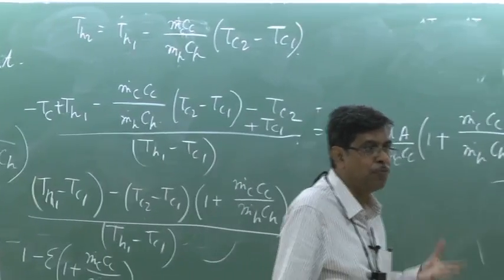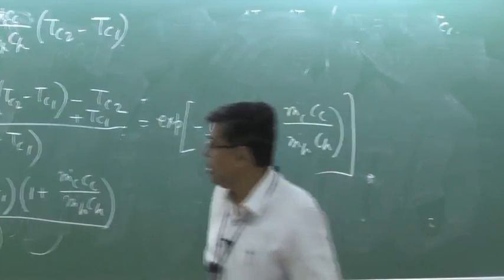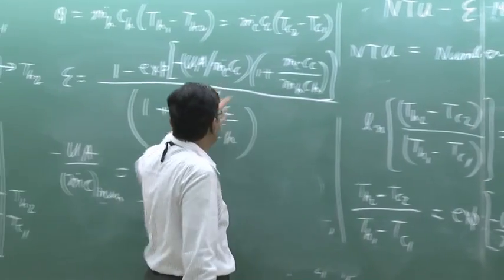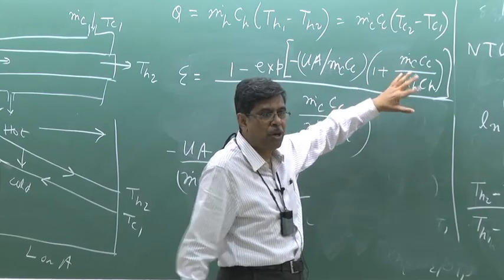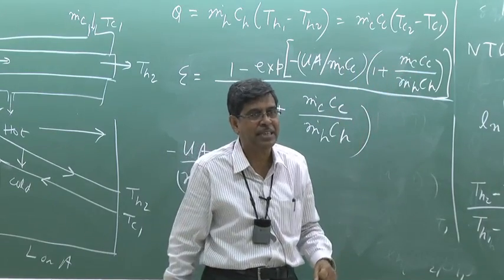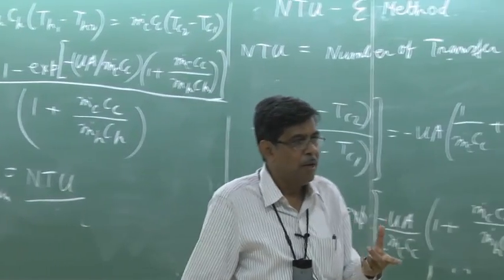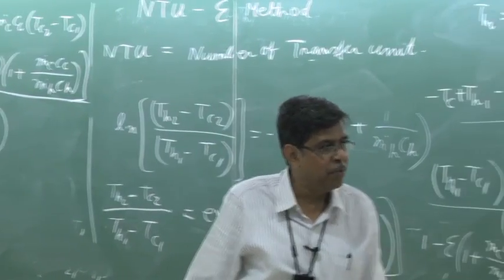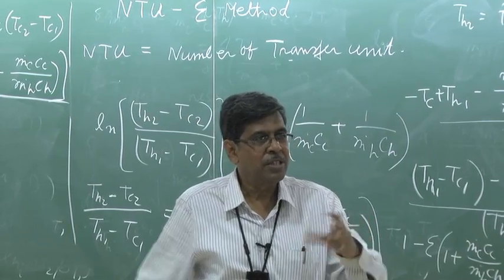Sir, if the hot fluid is the minimum fluid, what could you have done? Now, if the hot fluid is the minimum fluid, first I tell you, this expression will be the same, just m dot c and m dot h will be interchanged, so that in a generic formula I can write in terms of m dot c minimum and m dot c maximum.